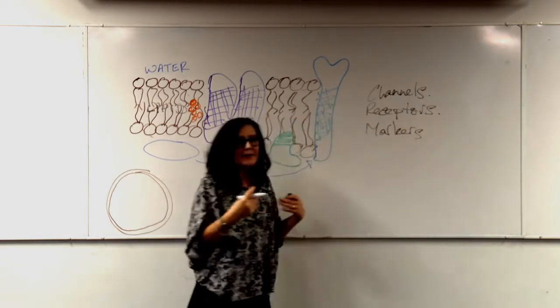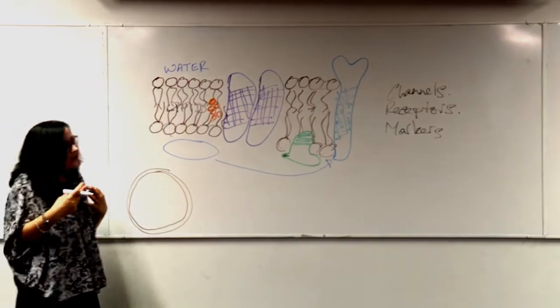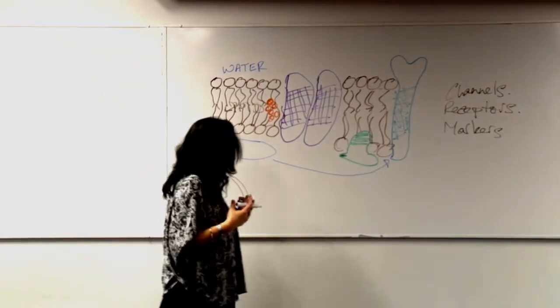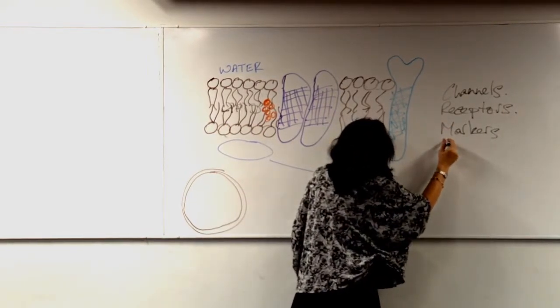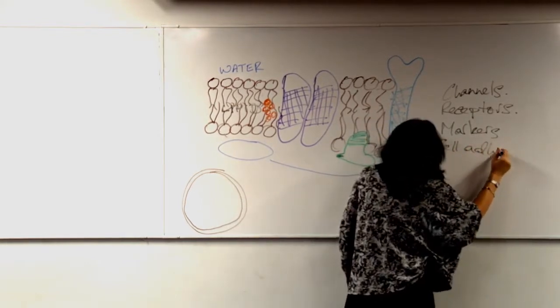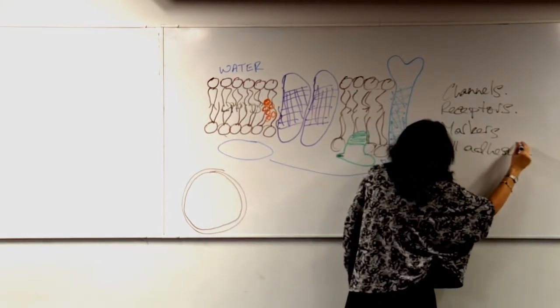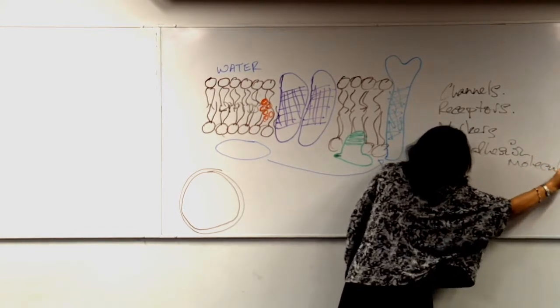All cells have various markers that tell other cells what sort of cell it is, that identify it. We could have markers, and we could have something called cell adhesion molecules. And these are really cool.